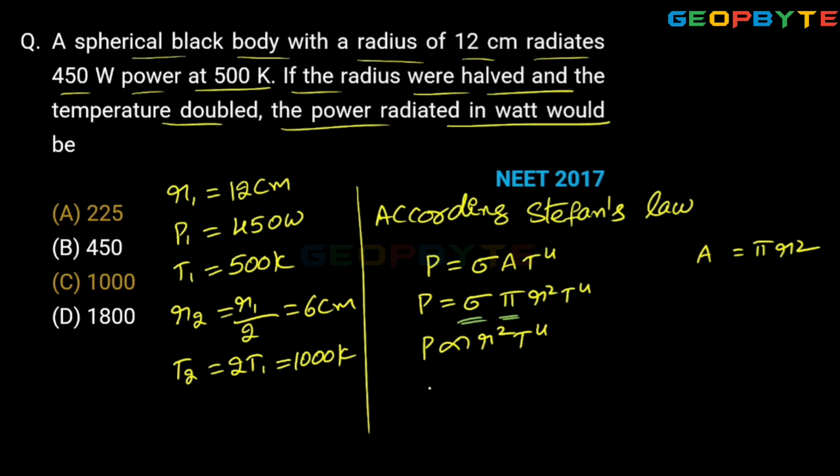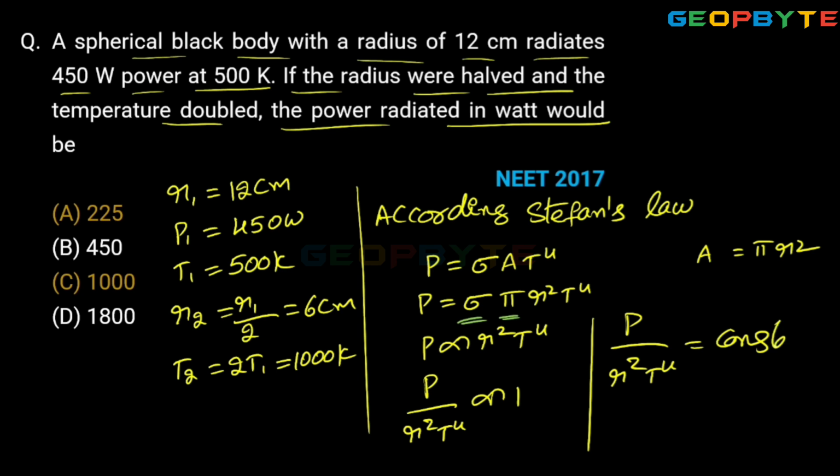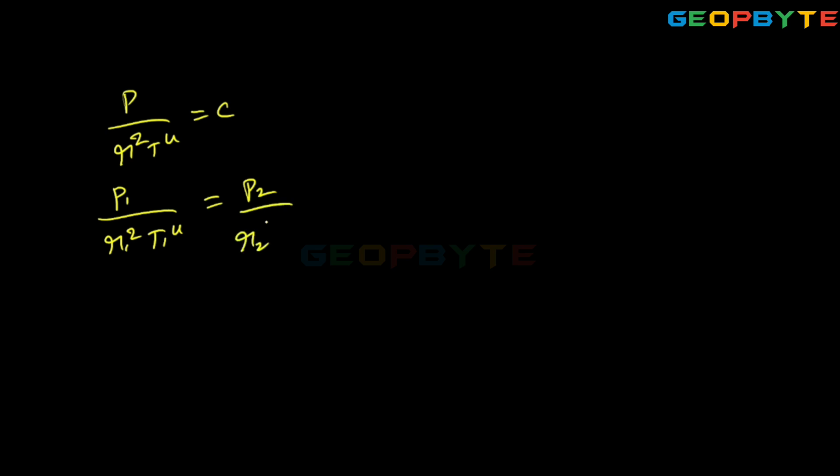Since power by r square into T power 4 is proportional to 1, power by r square into T power 4 remains constant. So let me take another slide. Power by r square T power 4 remains constant means P1 by R1 square into T1 power 4 equals P2 by R2 square into T2 power 4.